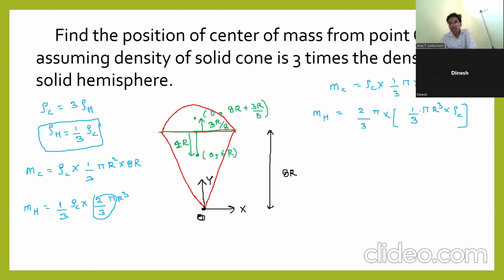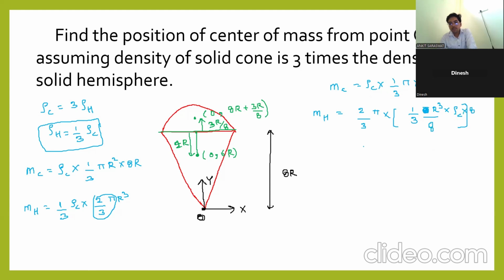What is the mass of hemisphere? Take 2 by 3 pi common; inside will be 1 by 3 rho c r cube. There is no 8 here, so I will divide and multiply by 8.